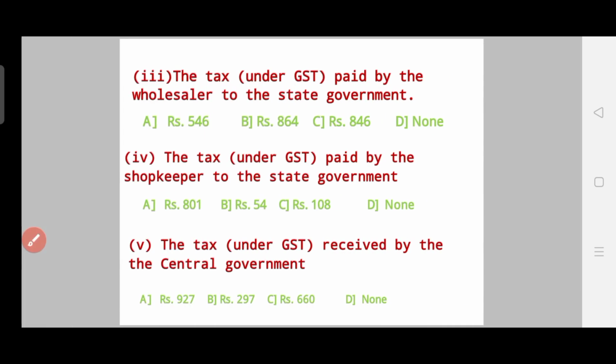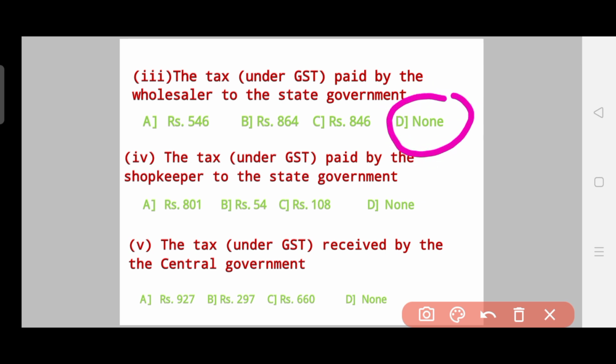Now we have three more questions from that particular question number 1. The third question is the tax under GST paid by the wholesaler to the state government. Your options are rupees 546, rupees 864, rupees 846, and here is a new thing: you can get an option as none of these. Now let me read question number 4.